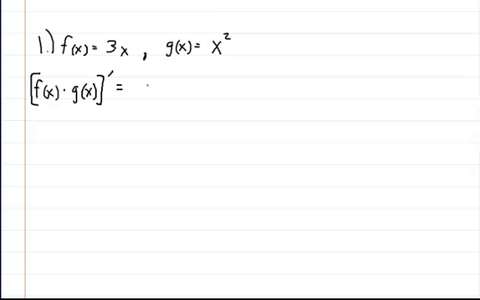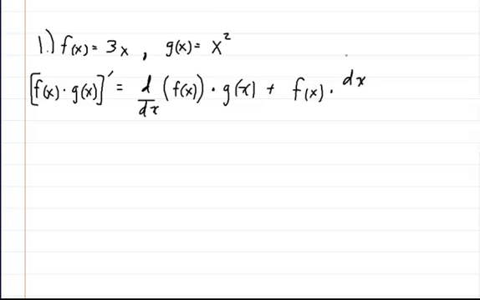And if you write it the other way, it would be d/dx, and then you're going to take the derivative of the first function. You're going to multiply it by the second function. Then you're going to add, and you're going to multiply the first function by the derivative of the second one.